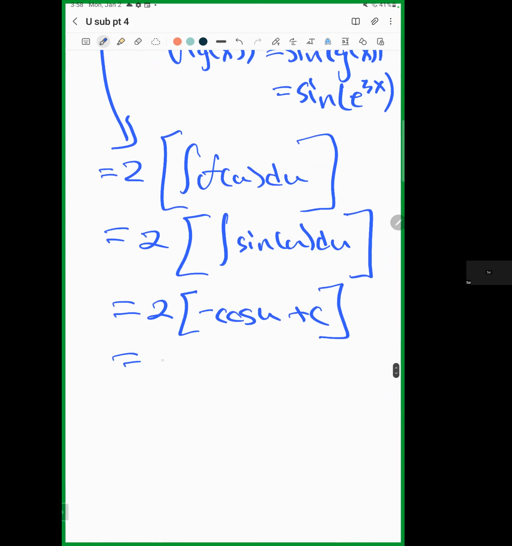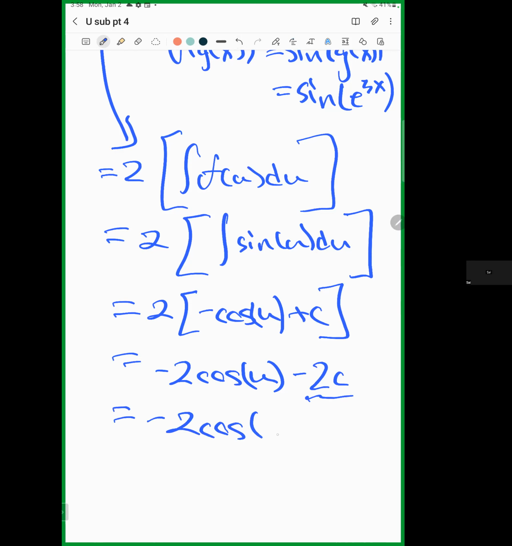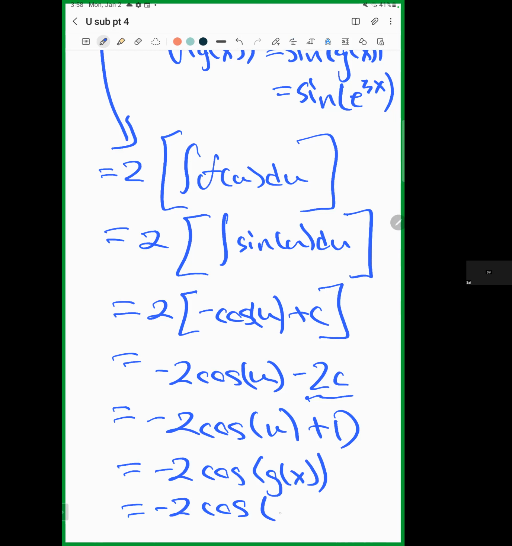And so this is just negative 2 cosine u plus or minus 2c. We can just call this some other constant to get the 2 out of there. So we'll say it's negative 2 cosine u plus d, and this is just negative 2 cosine g of x, which is negative 2 cosine e to the 3x. And there you have it.